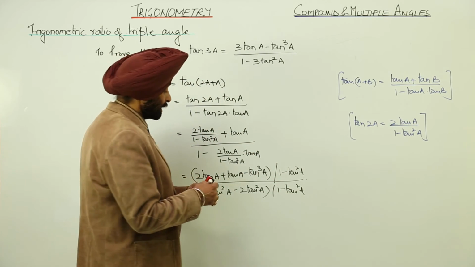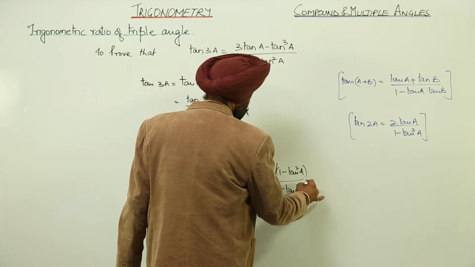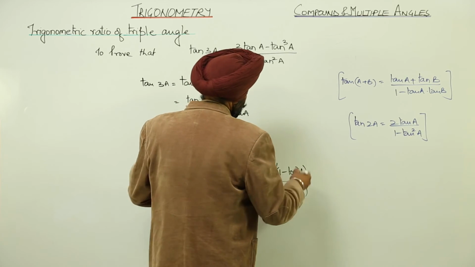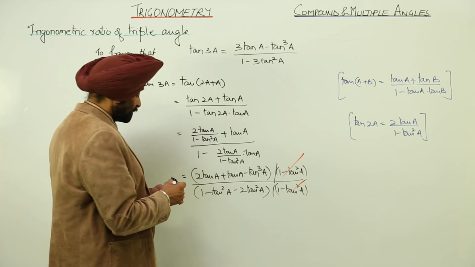Now 1 minus tan square A and 1 minus tan square A cancel. This cancels, and what is left?